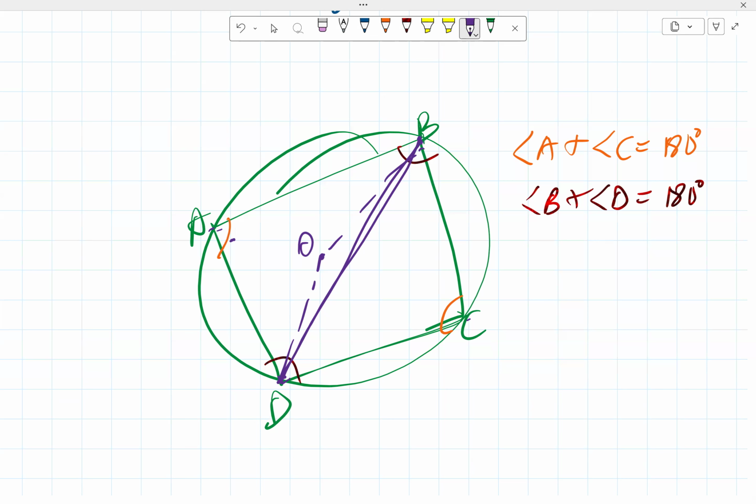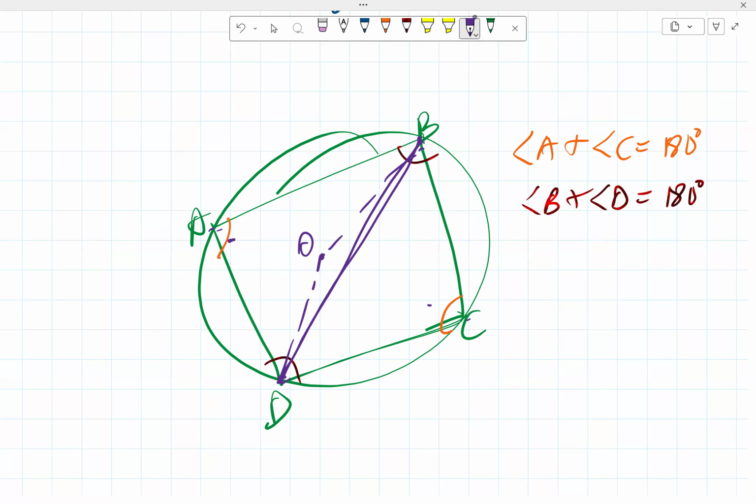Angle DAB equals the angle in the alternate segment that will stand on DB. On the other side, more directly in a circle, the angles standing on chord DB on opposite sides add up to 180 degrees. So this angle plus this angle will add up to 180 degrees.